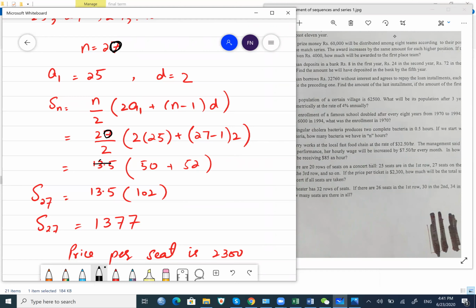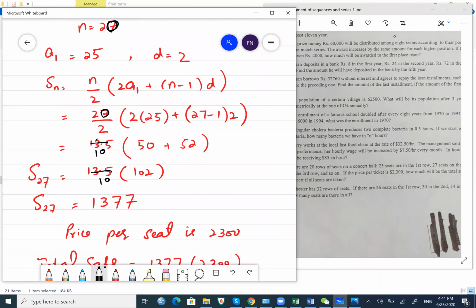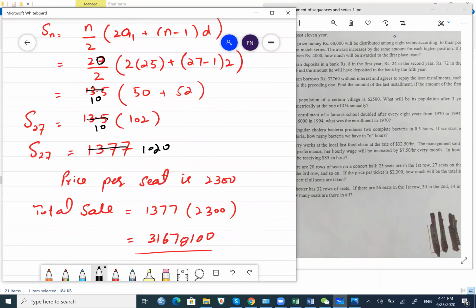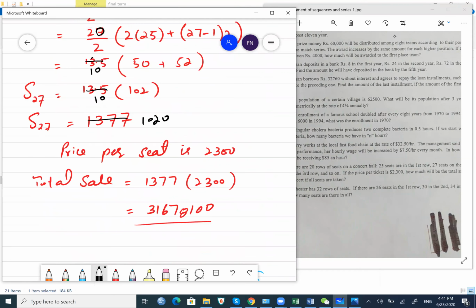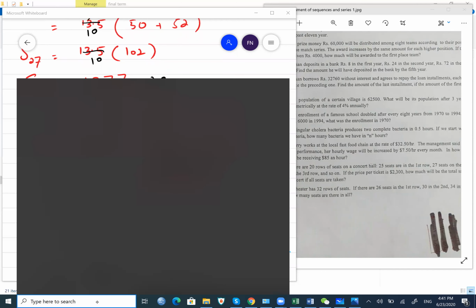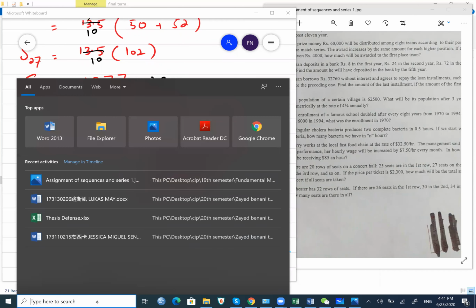Here it is 10. So 102, that is fine. So it is 1020. Total number of seats, that is 1020. If you multiply them, that would be the answer. Can you multiply?